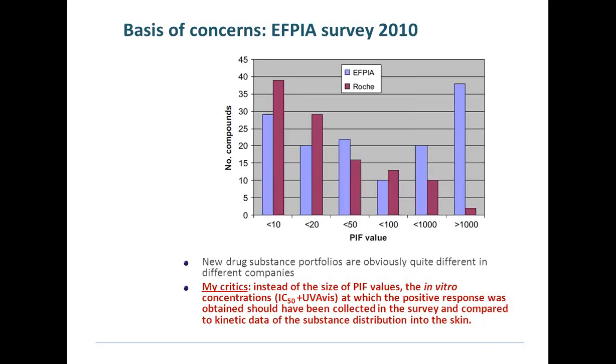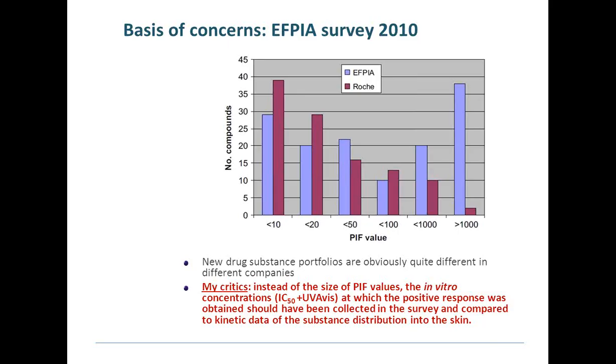My critics, and that is something that I said at the workshop, that is also in the conclusions of the workshop report, which I would recommend to read, is that the survey only looked for the PIF values but not at the concentrations at which these were reached, because it is, like Alison said nicely, very important that you check the bioavailability of your substance in the skin.